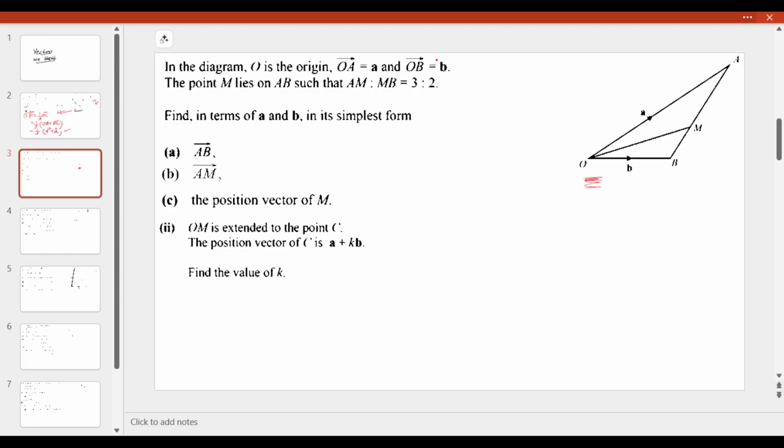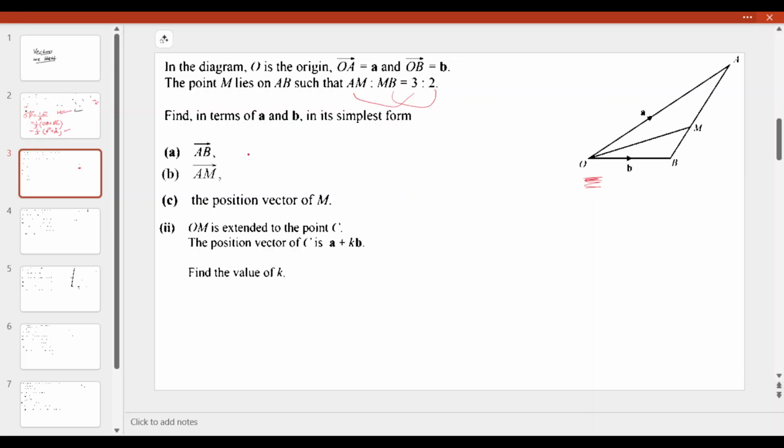The point M lies on AB such that AM to MB is 3:2. Here 3 for AM and 2 for MB. So AM ratio MB respectively equals 3:2. Find in terms of a and b, in its simplest form, the vector AB.